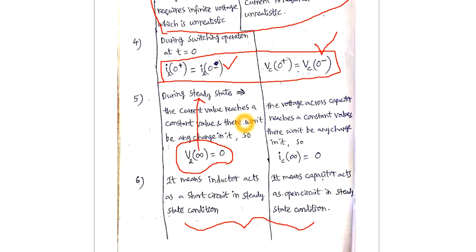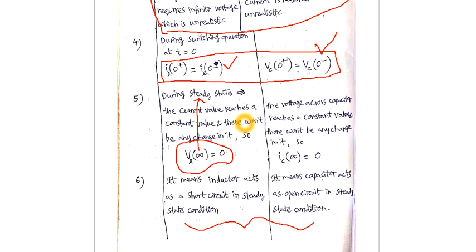We can say that in the steady state the current or voltage is constant or fixed only for DC input, because for a sinusoidal input the input itself is continuously varying.